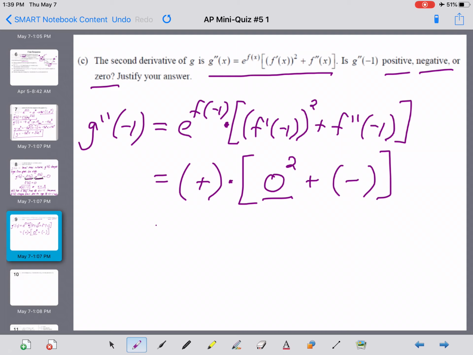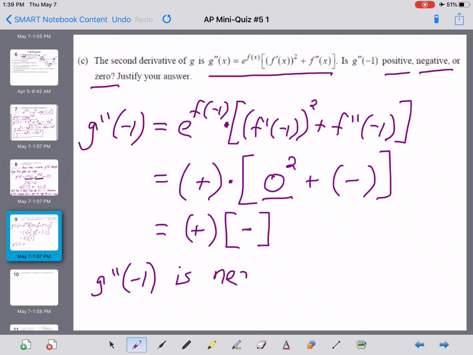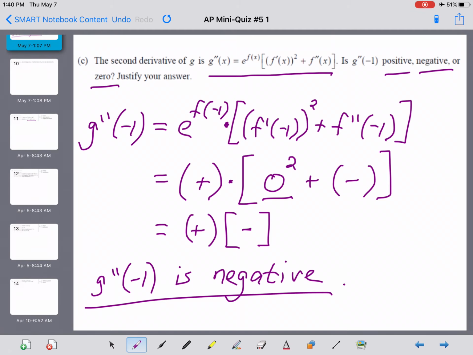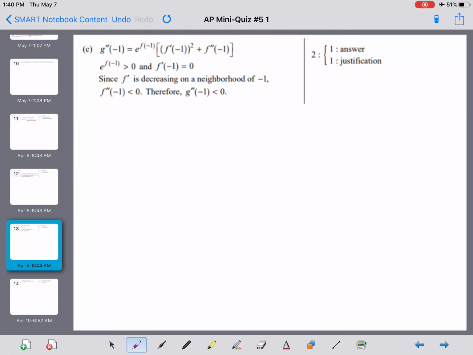So boy, this is a little bit odd here, guys, but we end up with a positive number, let's put that in parentheses again, multiplied by 0 plus a negative number is going to be a negative number, and that means that this value right here, g double prime of negative 1, is negative. And I believe that the work that we just provided up above right there is going to be sufficient for a justification. All right, so let's take a look at their answer for part C.